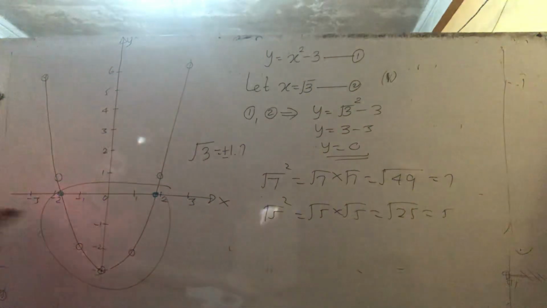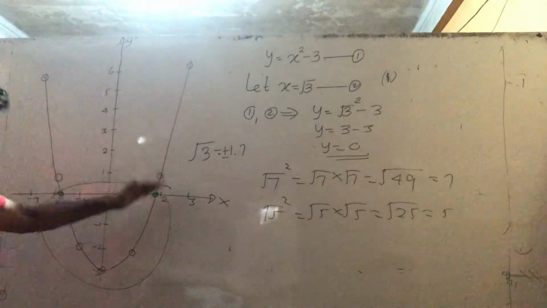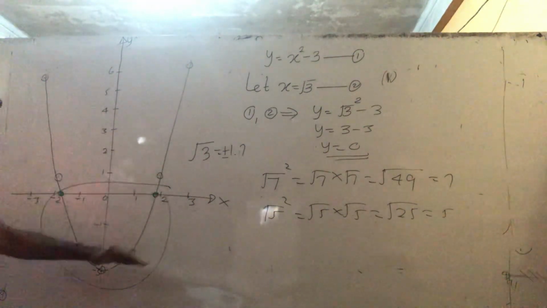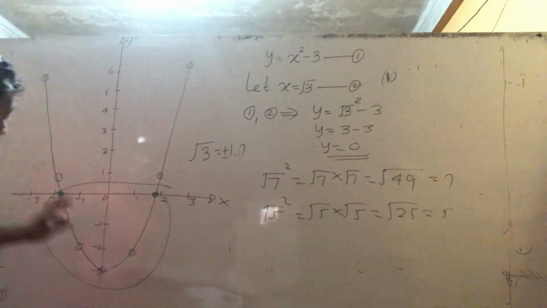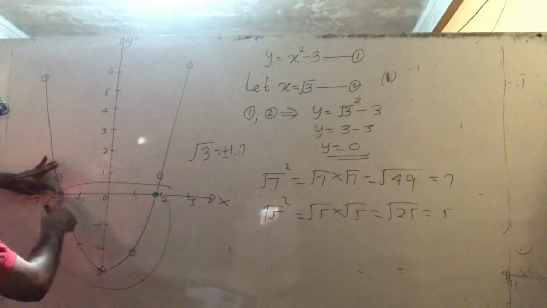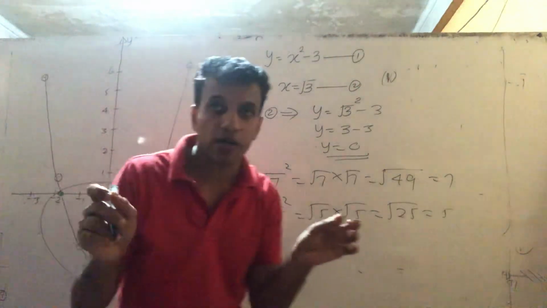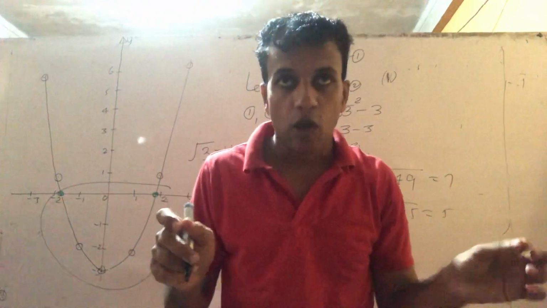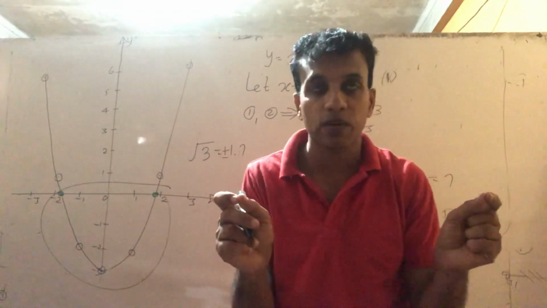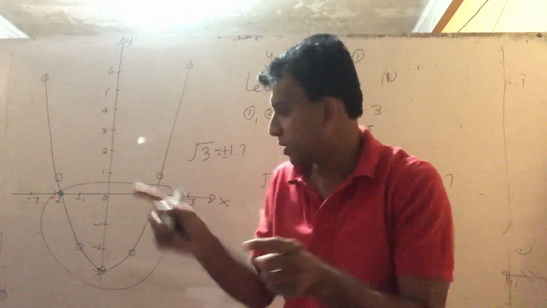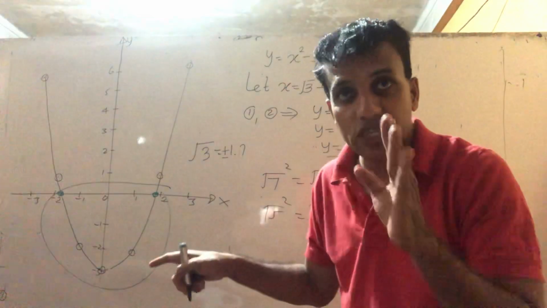Same on the other side, right? Here y is negative. So what is the x boundary? Once again the same answer. Between this and this. Between minus 1.7 and plus 1.7, graph is negative, function is negative.